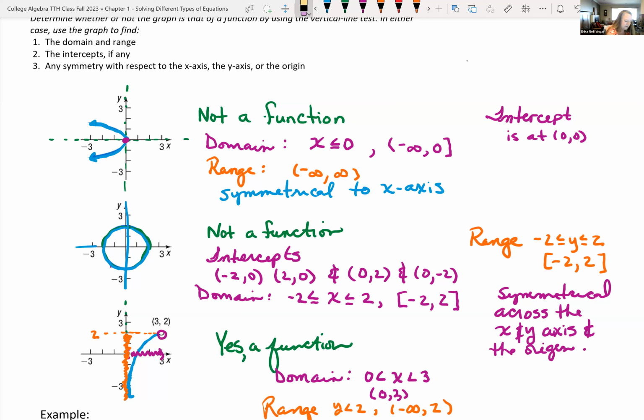Looking at this for intercepts, there is no y-intercept. It's never crossing the x-axis. I'm sorry, it is crossing the x-axis. It's not crossing the y-axis. So no y-intercept.